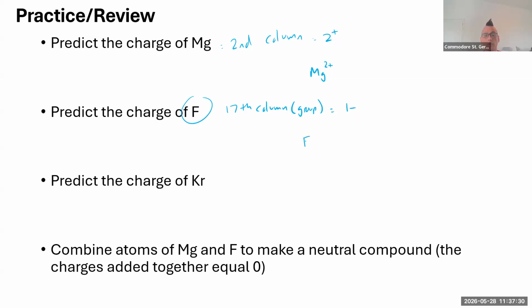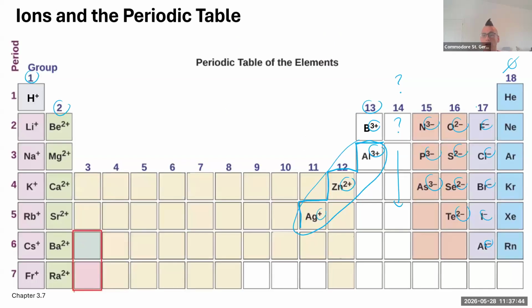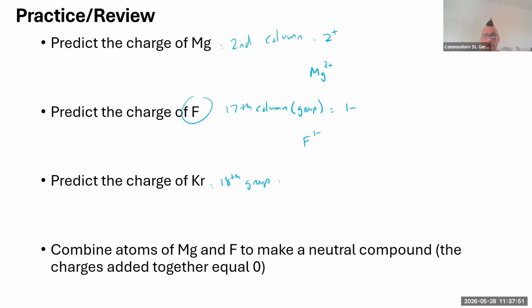So this is going to be fluorine 1 minus. Krypton, that's going to be an 18th group or column. And if you look over here, krypton is no charge. So we're just going to leave it like that. We'll say no charge or neutral.